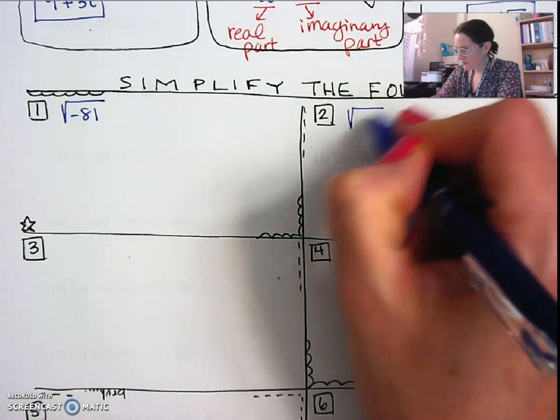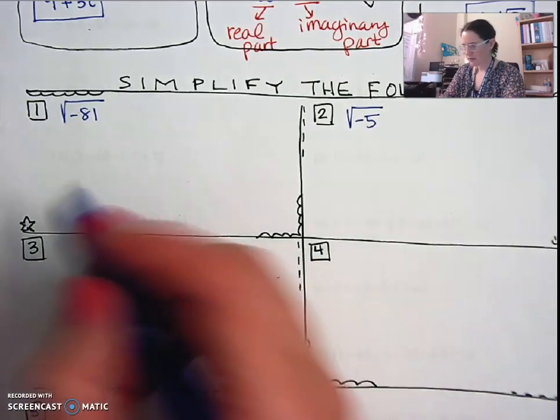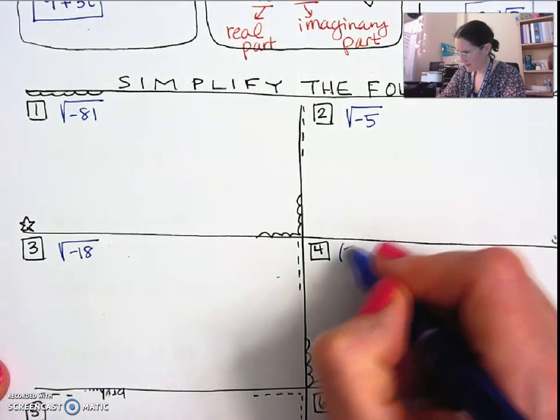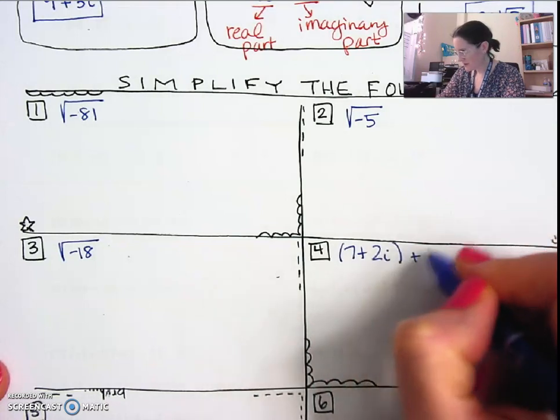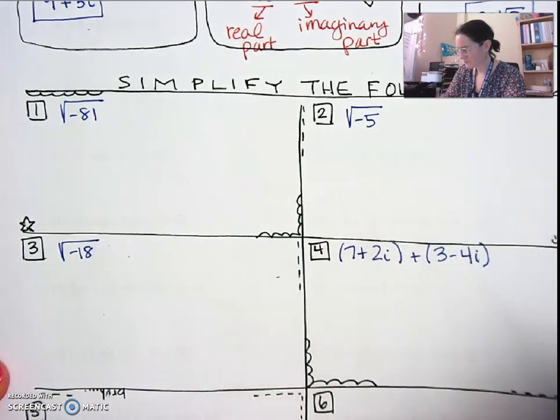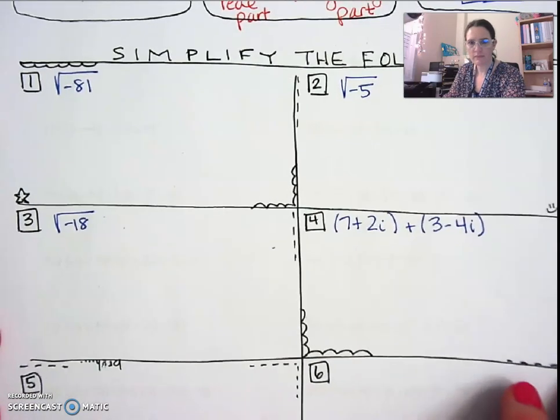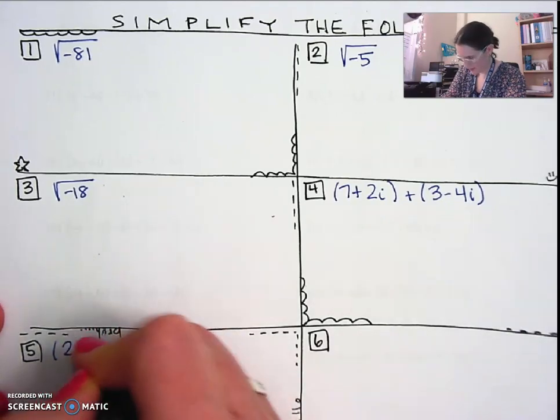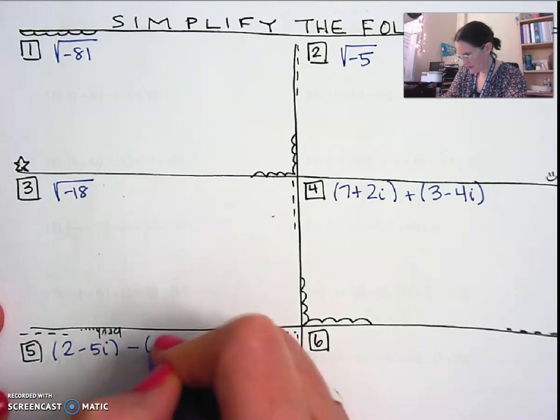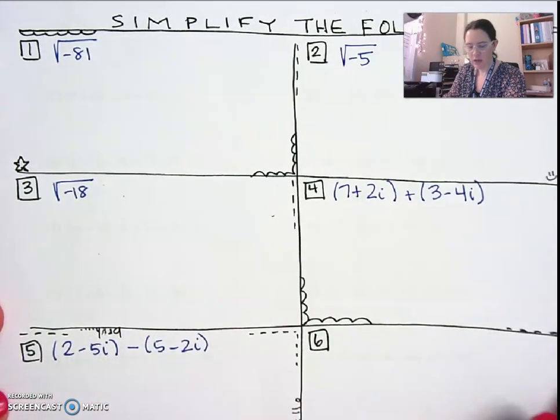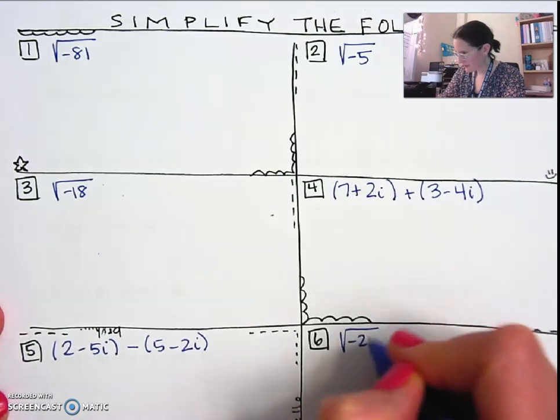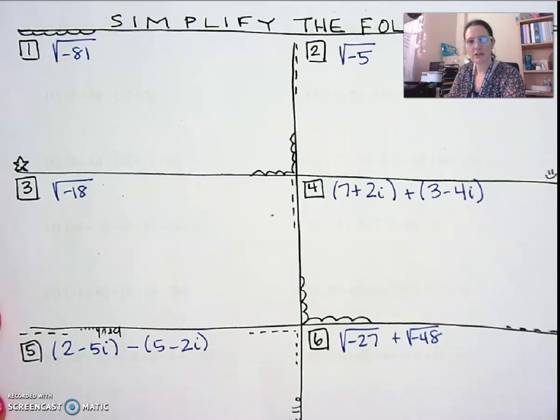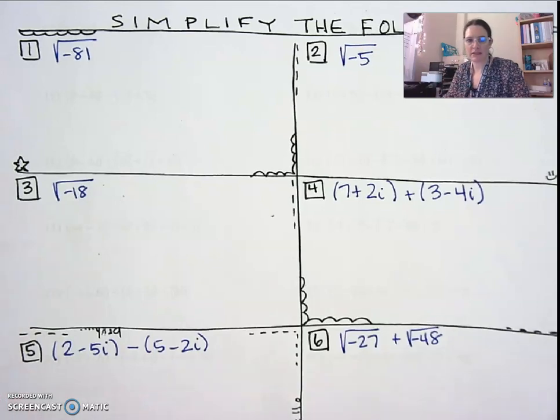The second one is the square root of -5. 3 is square root of -18. 4 is parenthesis 7 plus 2i plus parenthesis 3 minus 4i. 5 is parentheses 2 minus 5i minus parentheses 5 minus 2i, and then 6 is the square root of -27 plus the square root of -48. So take a minute, pause your video, work those, and then come back to get the answers.